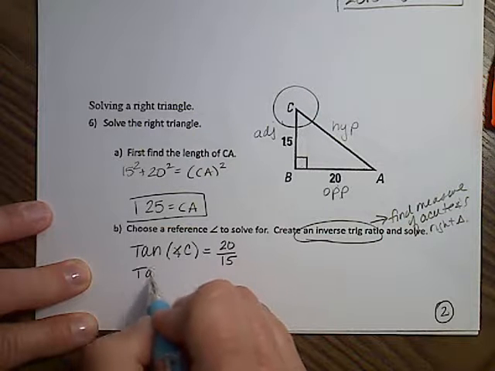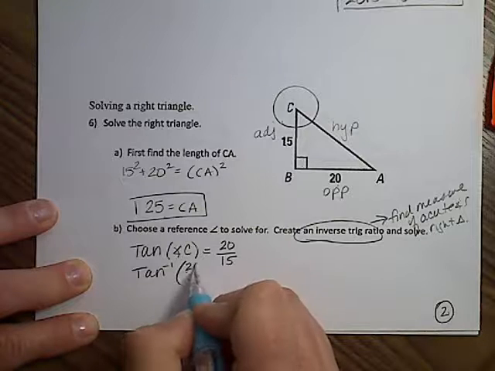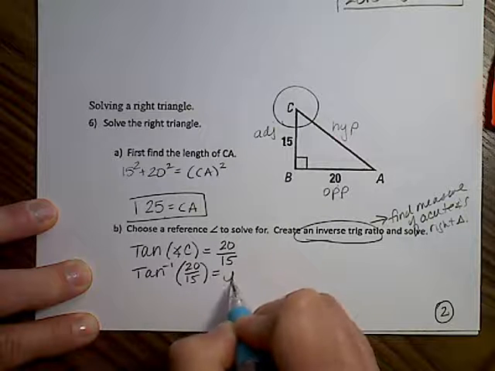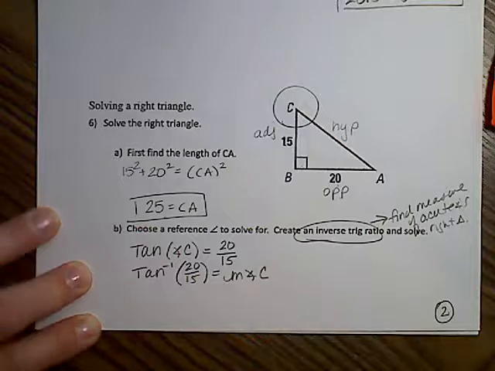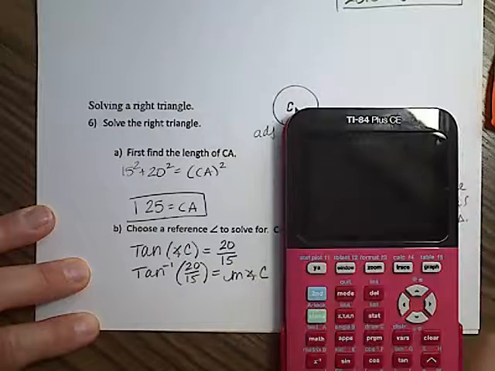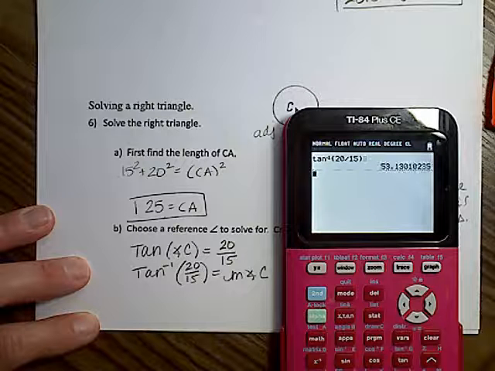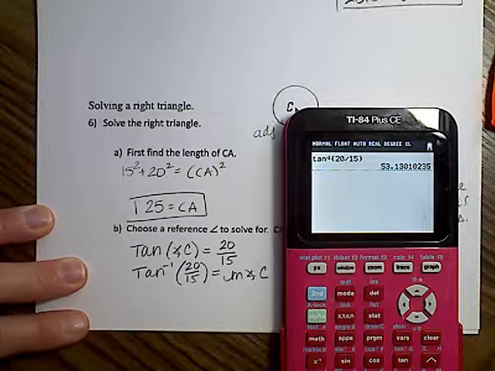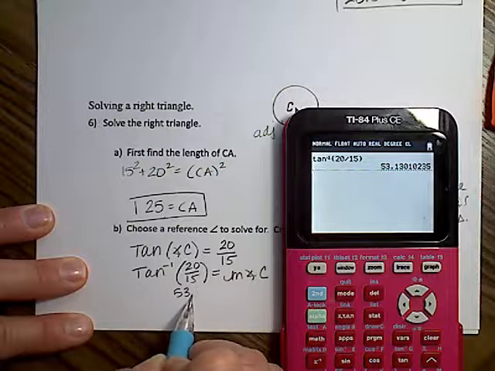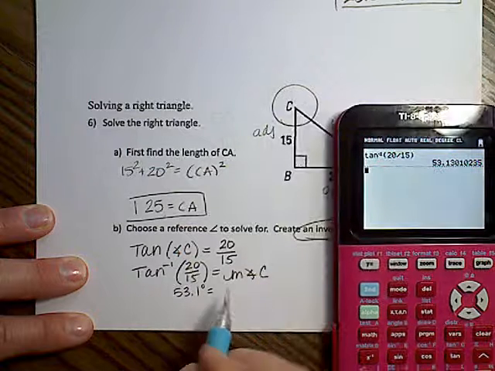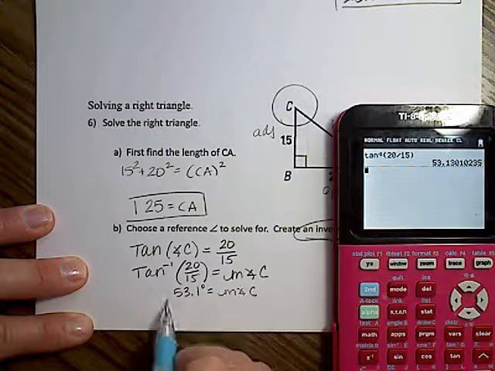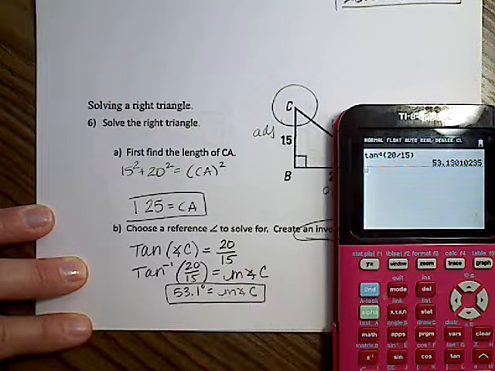So, this is now going to become the tan inverse of 20 over 15, and that's going to equal the measure of angle C. So let's use our calculator, and we'll do the second tangent of 20 over 15, 20 divided by 15, enter. And that gives us an answer of 53.1, so that means the measure of angle C is equal to 53.1 degrees.